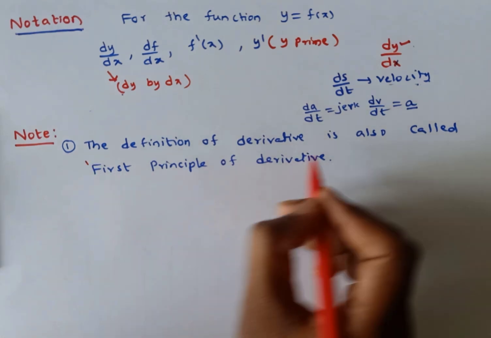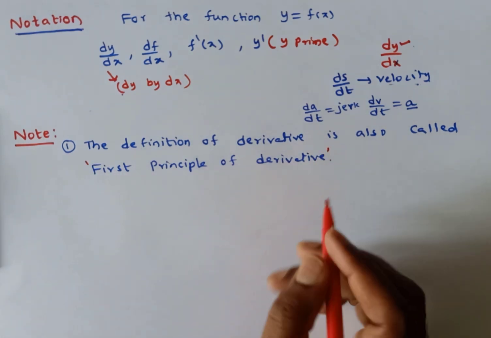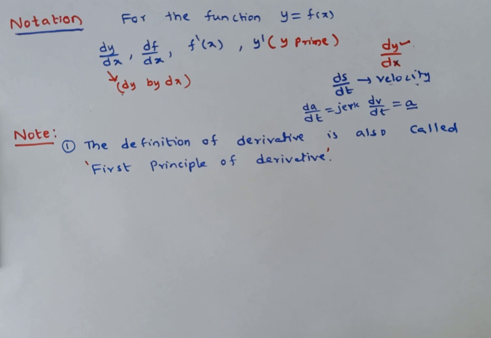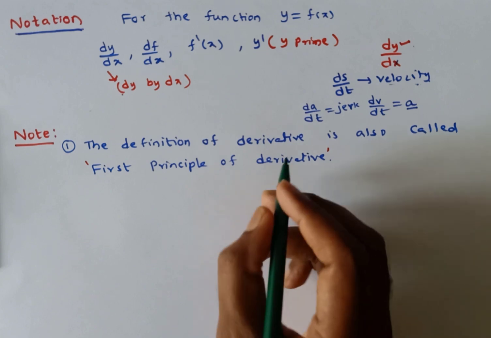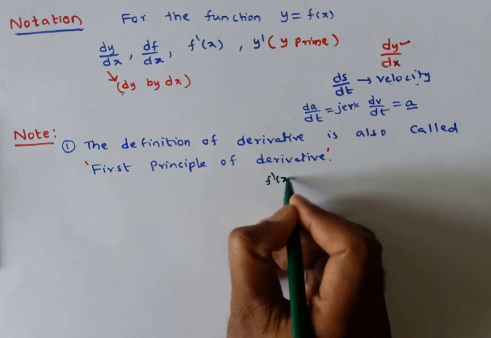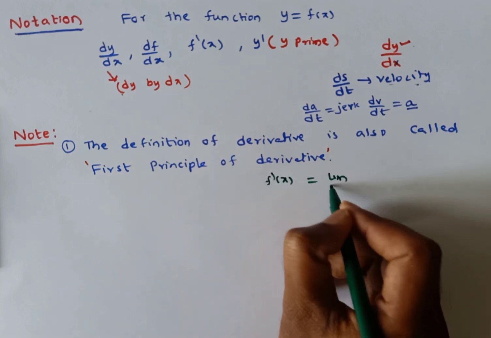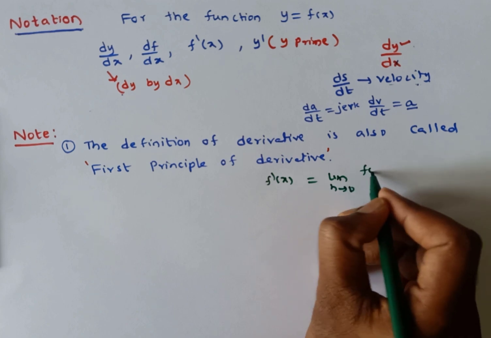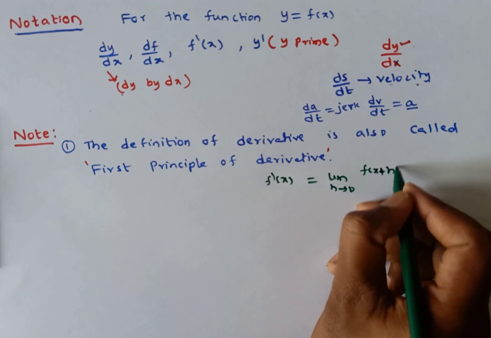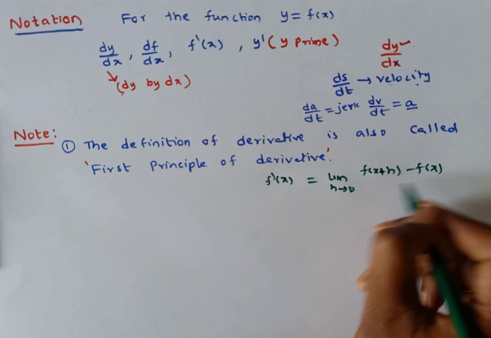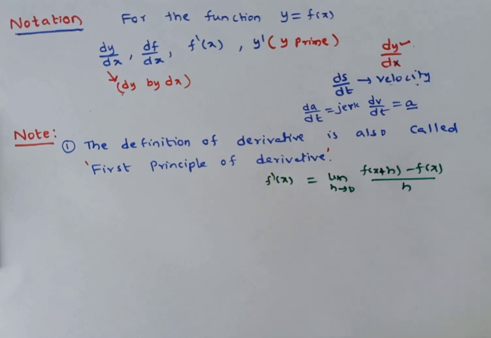First principle of derivative is nothing but limit h tends to 0, f of x plus h minus f of x by h. So you can write one more time: f dash of x is equal to limit h tends to 0, f of x plus h minus f of x by h. This is called the first principle of the derivative, as h is not equal to 0.